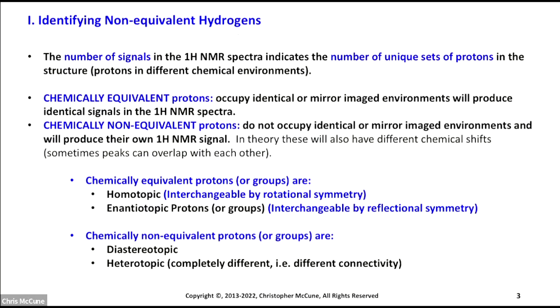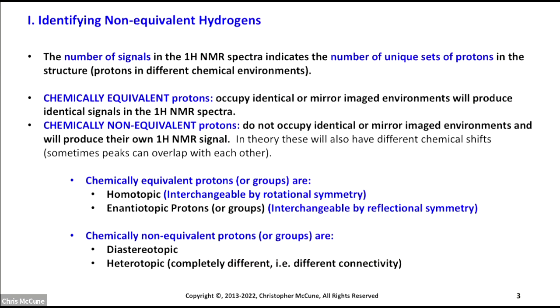So identifying the non-equivalent hydrogens: the number of signals in the proton NMR spectra, as I already mentioned, indicates the number of unique sets of protons in the structure. So protons that are in a set are unique to other sets, okay? But the protons in the set are all NMR equivalent, which is why they're all giving rise to that signal.